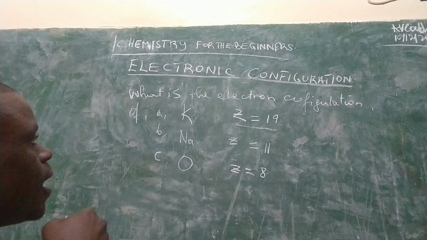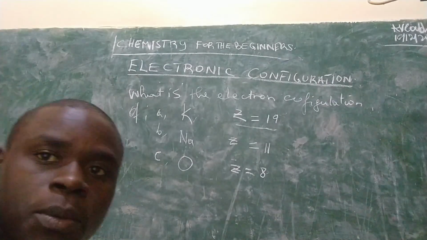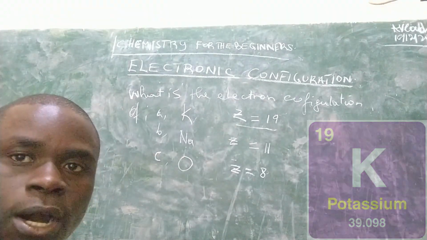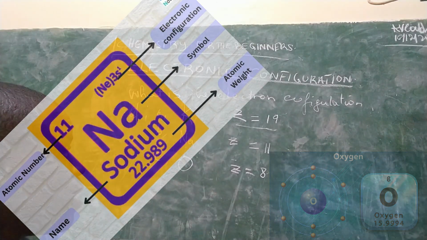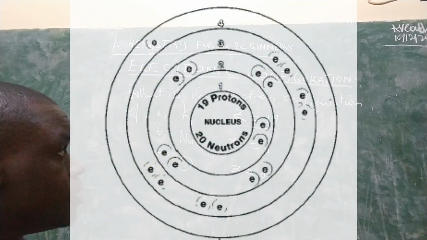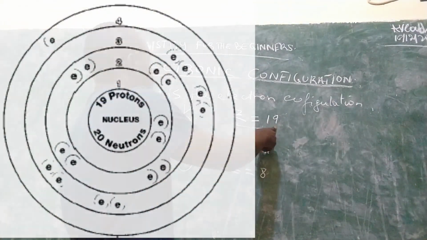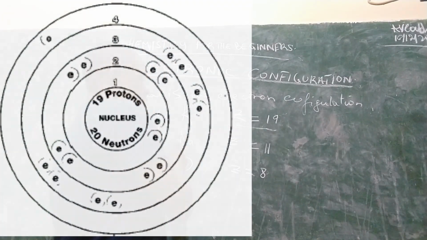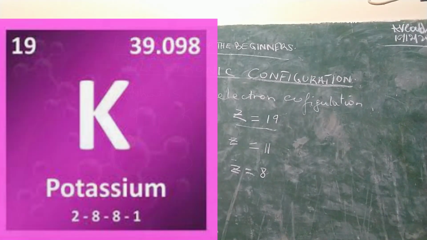What is the electronic configuration of A, potassium, B, sodium, and C, oxygen? The atomic number of potassium is 19, the atomic number of sodium is 11, and the atomic number of oxygen is 8.